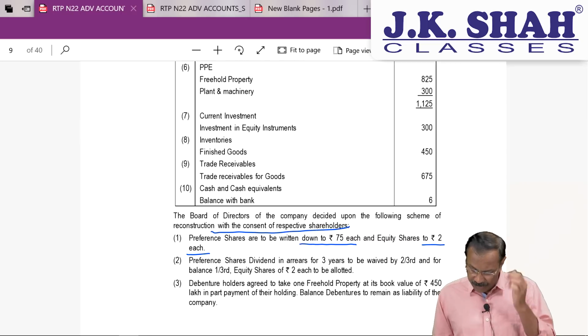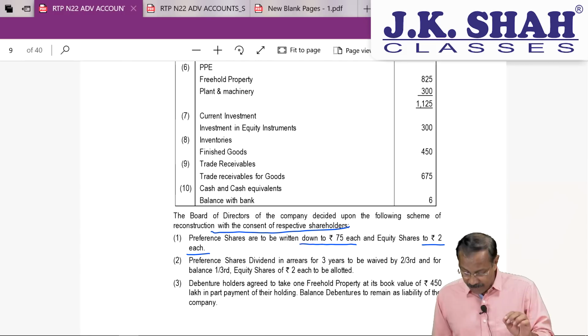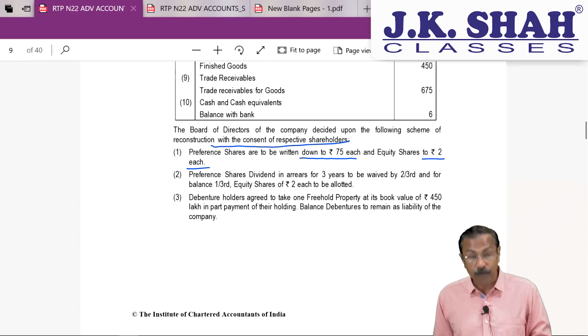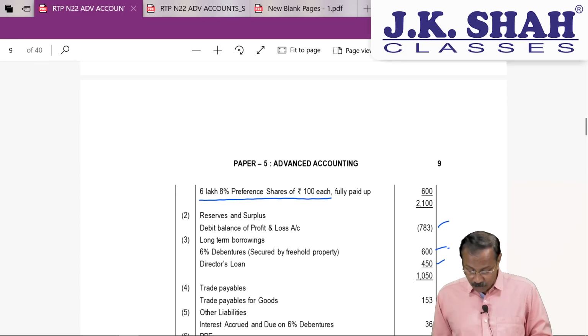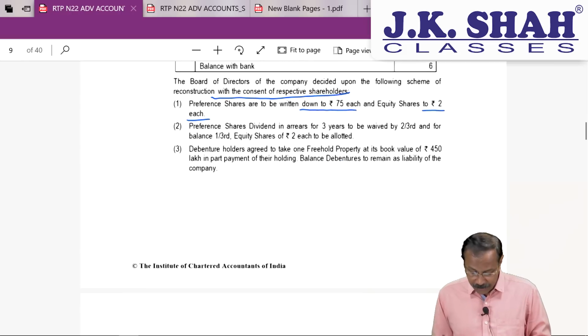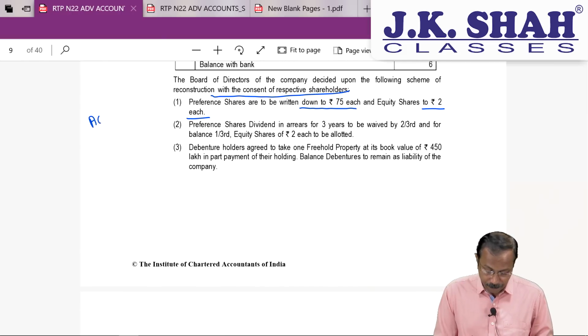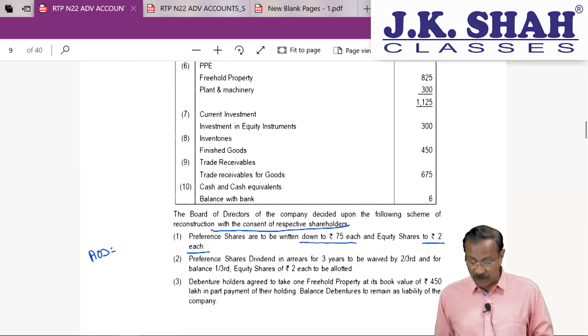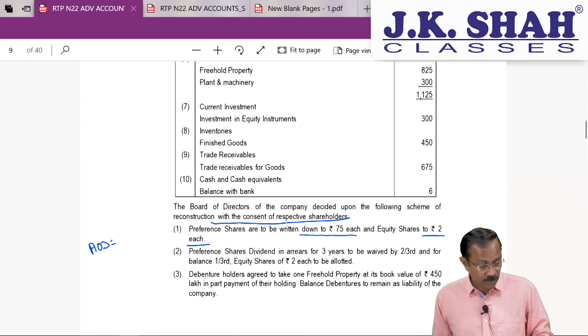Preference shares dividend in arrears for 3 years to be waived by 2/3 and for the balance 1/3 equity shares of 2 each are to be allotted. What's the preference share capital? 8%. So now let's find out the arrears of preference dividend. Capital was 600. So 600 into 8% for how many years? 3 years.